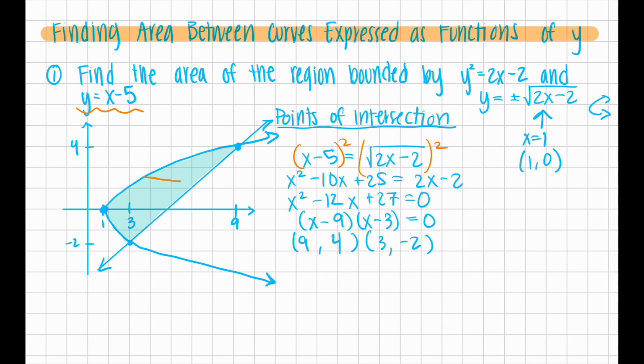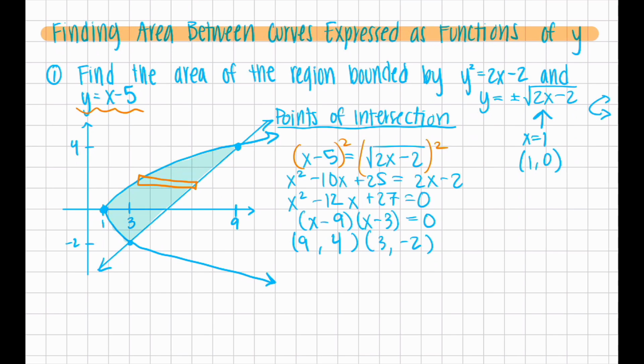If I draw a horizontal rectangle, notice that my right function is always going to be the line and my left function is always going to be that parabola. So in this case, it is easier to use horizontal rectangles.